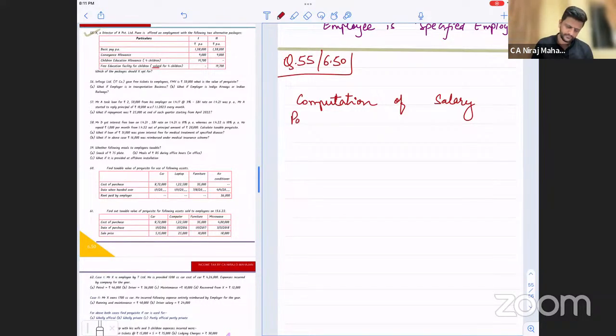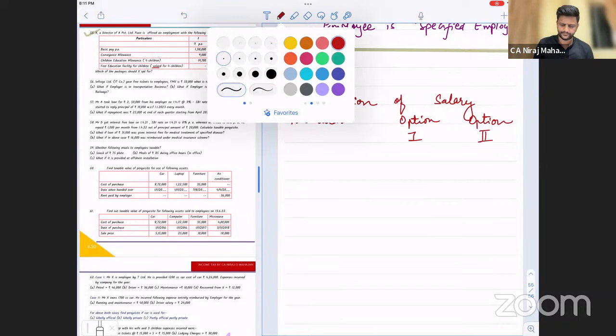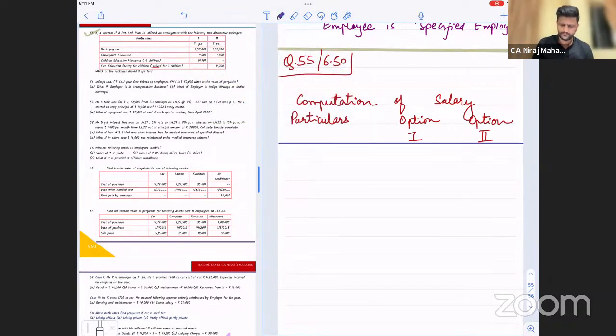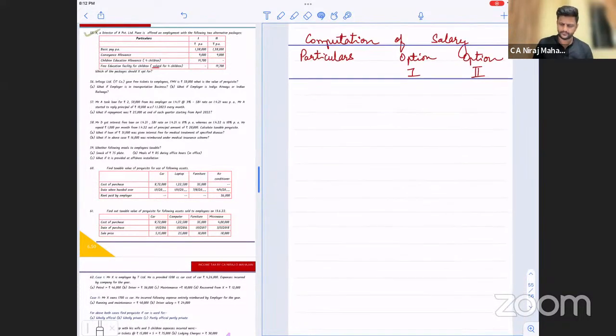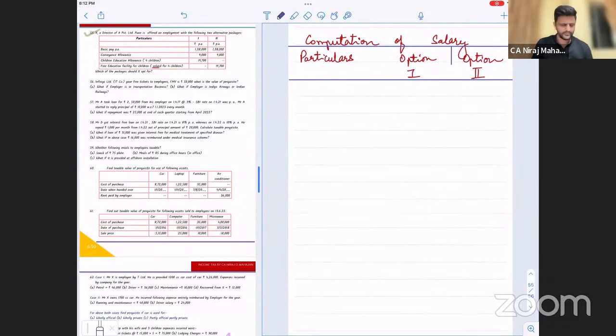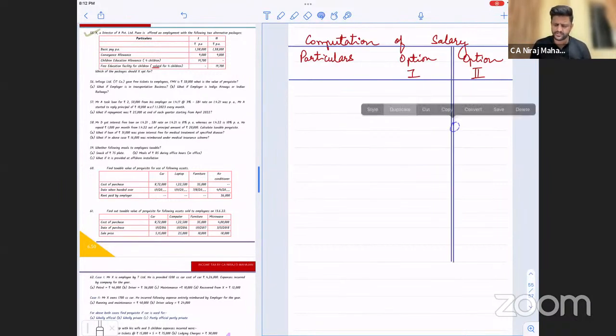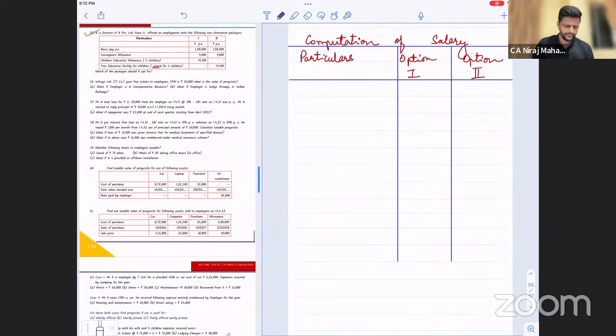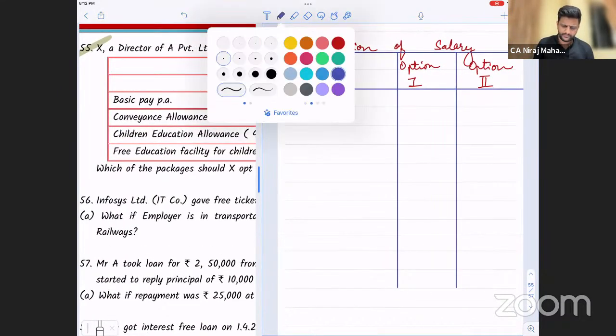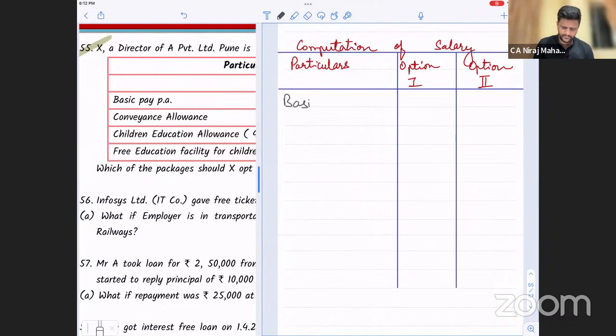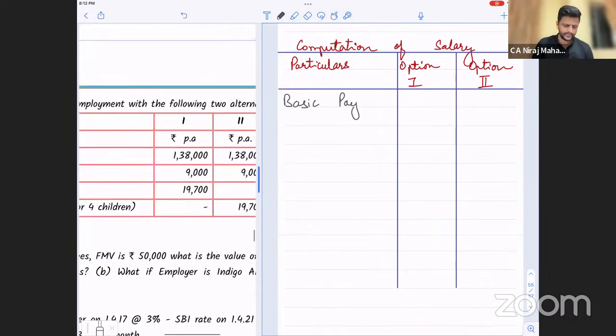Particulars: option 1 and option 2. See, where will it matter? Only in case of education facility. Remaining all remains the same. Basic pay is going to remain the same, 1,38,000 in both cases.